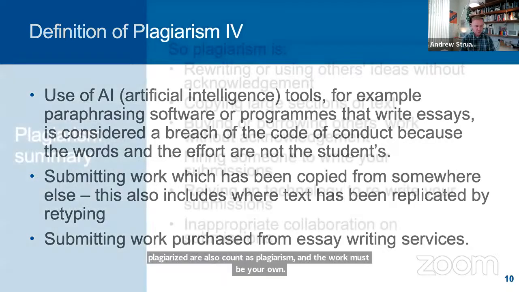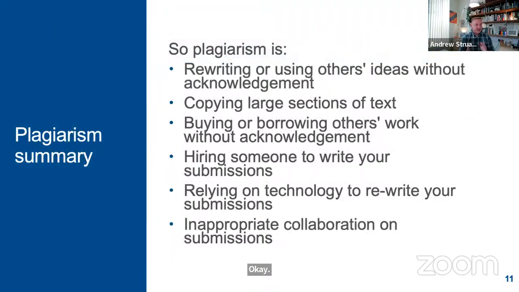Okay. So a quick summary before we move on. Keep in mind, plagiarism, important. I'm talking about it very seriously, but we're talking about it in this way because it is a crucial part of the success of your degree, right? So plagiarism is, to summarize this, the rewriting or the using of others' ideas or words without acknowledgement, without a reference. Okay.